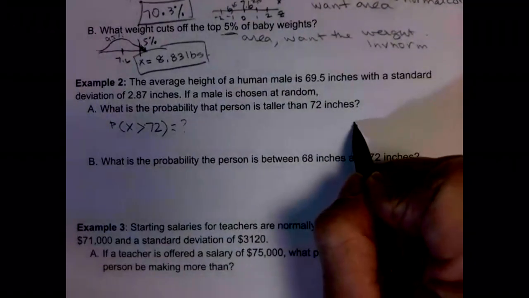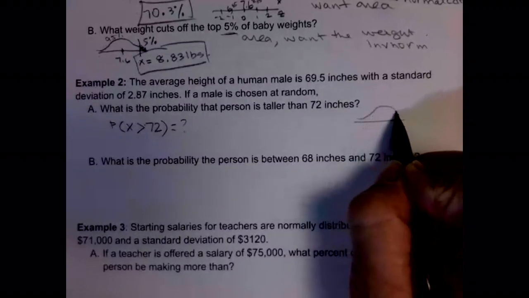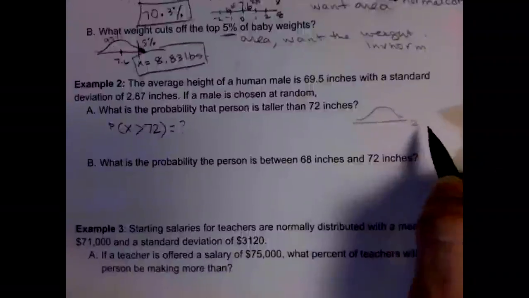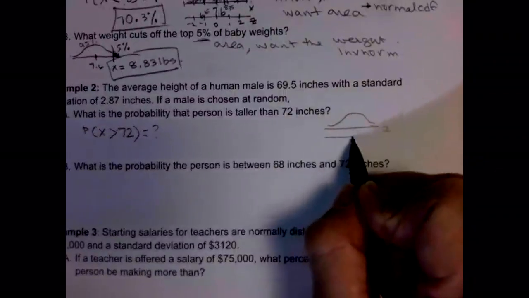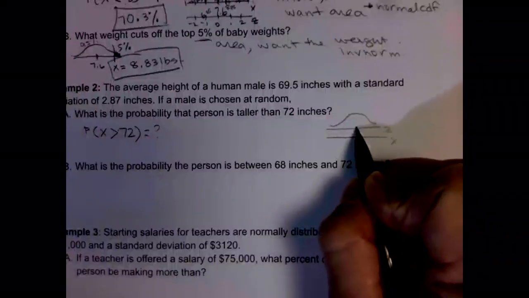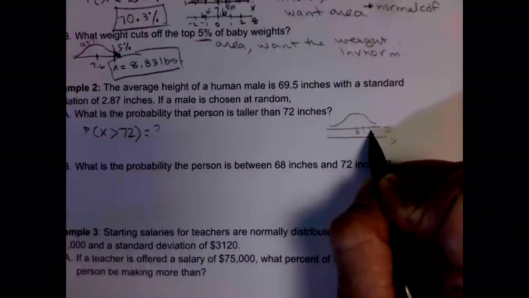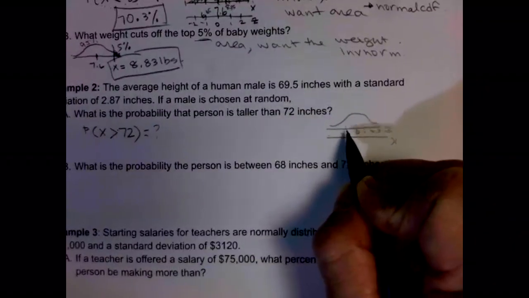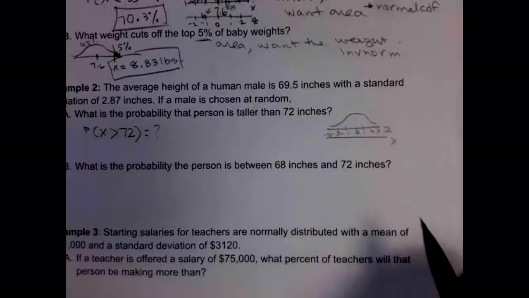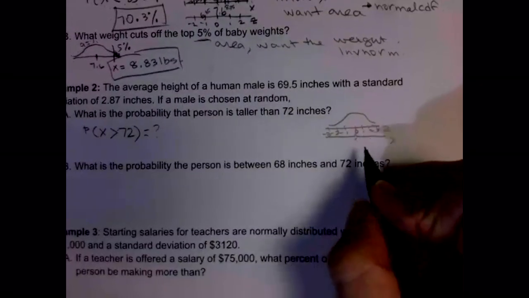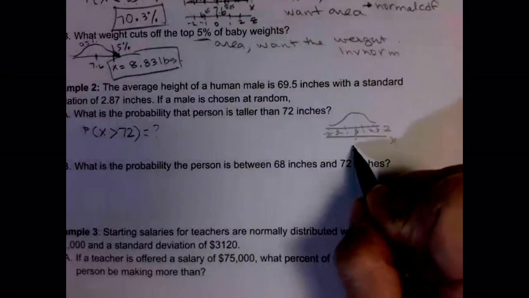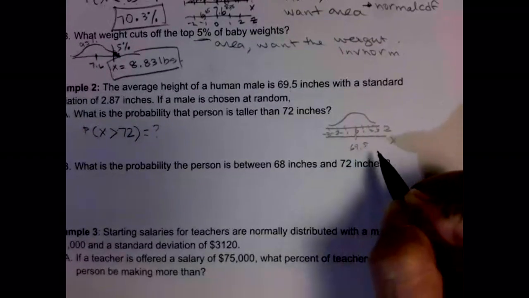Draw my curve. I'll do the z's up top like I usually do. So z, I'll do a line below that with my x's. So z in the middle is 0, 1, 2, 3, -1, -2, -3. So the mu goes in the middle, so 69.5.